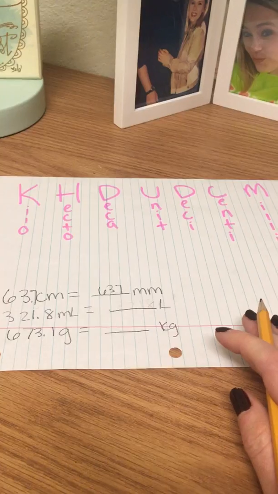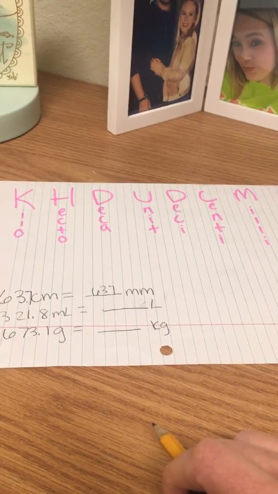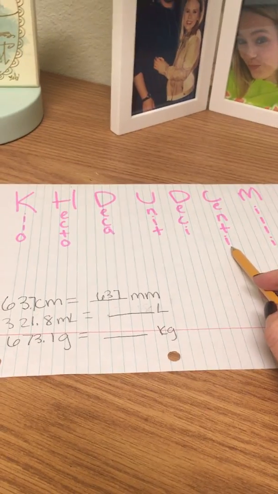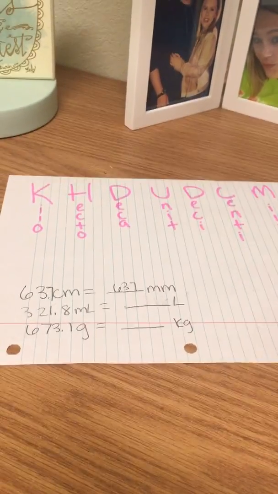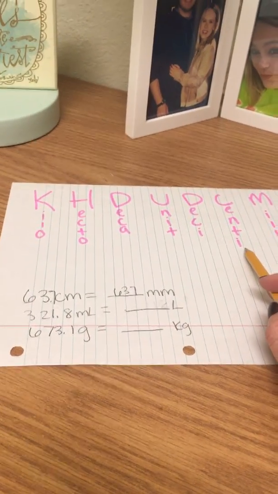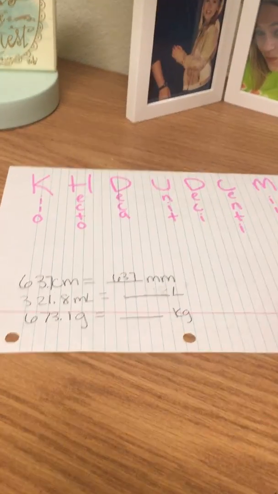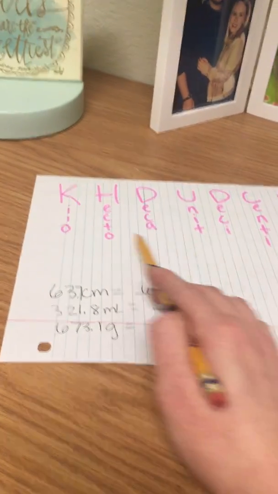So basically, what's happening is that you're dividing or multiplying by 10, whichever way you're moving. When we're at centi, we're moving over 1 place, so we're multiplying by 10. But if we were at milli and going to centi, we'd be dividing by 10. So if you're going to the left, you're dividing.